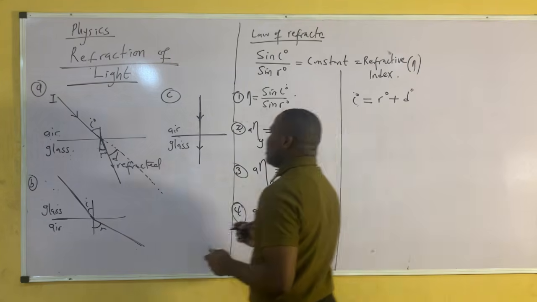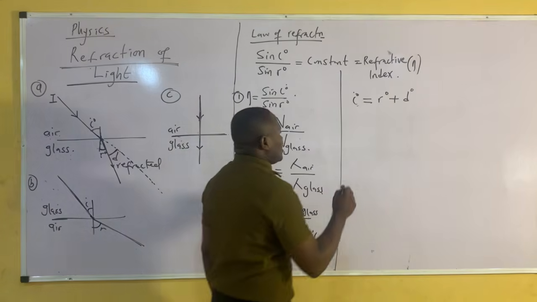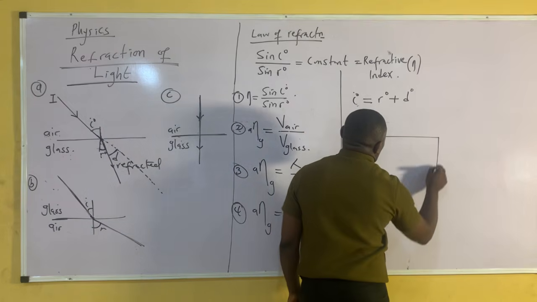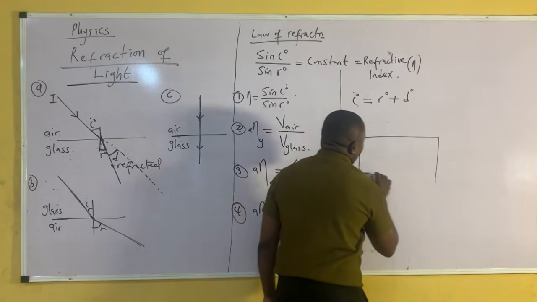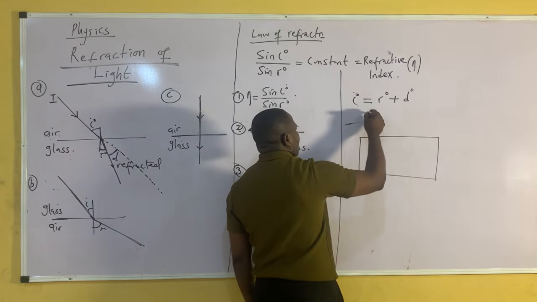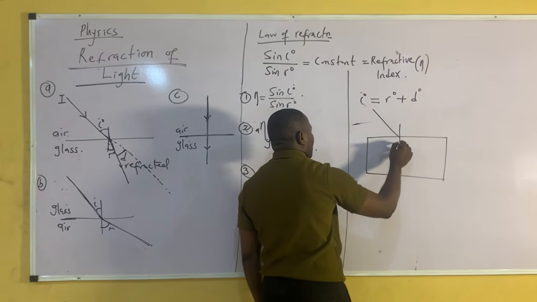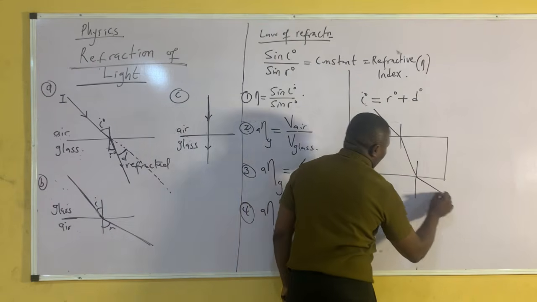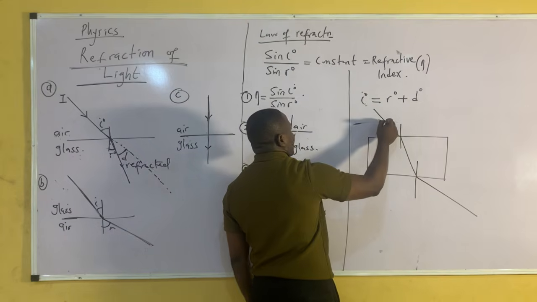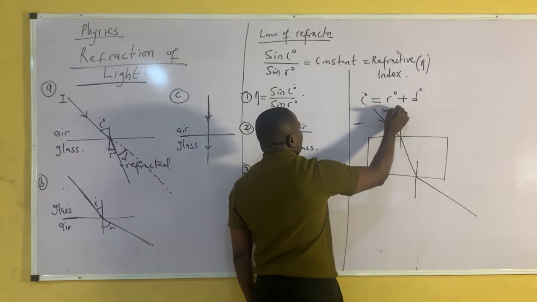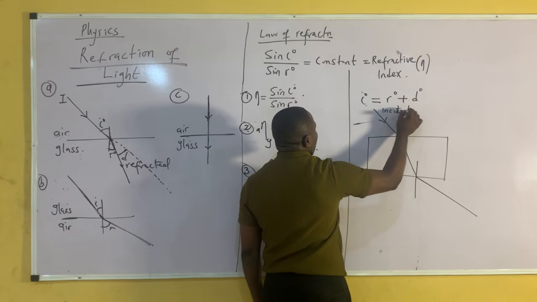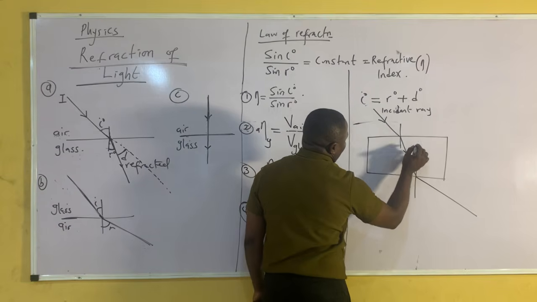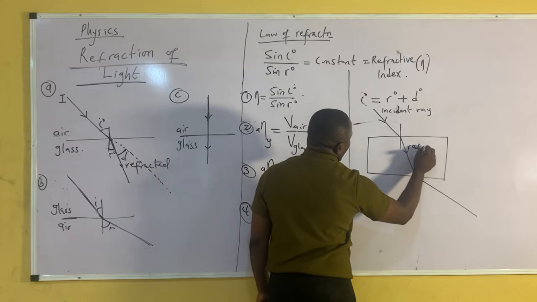Now let me show you something here. This ought to be a format of refraction in glass. If light shines into this glass, it will bend, and when it gets here, it will go out. Remember, this is the incident ray. This here is the refracted ray.